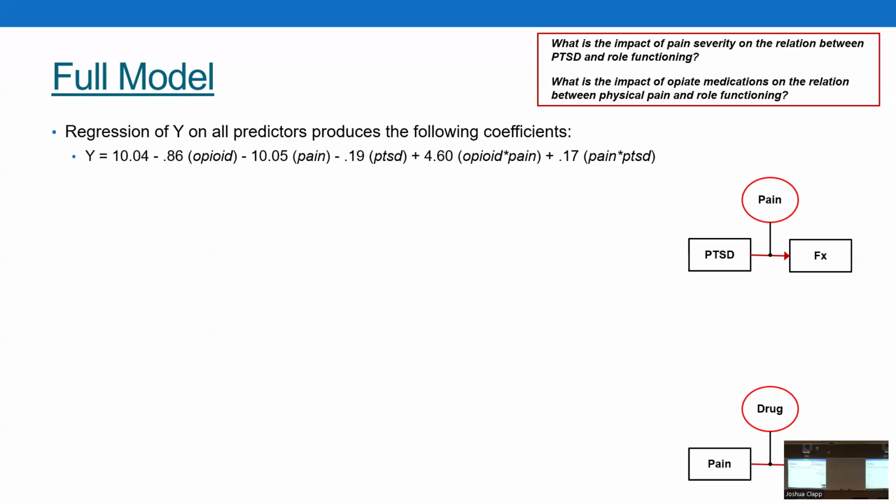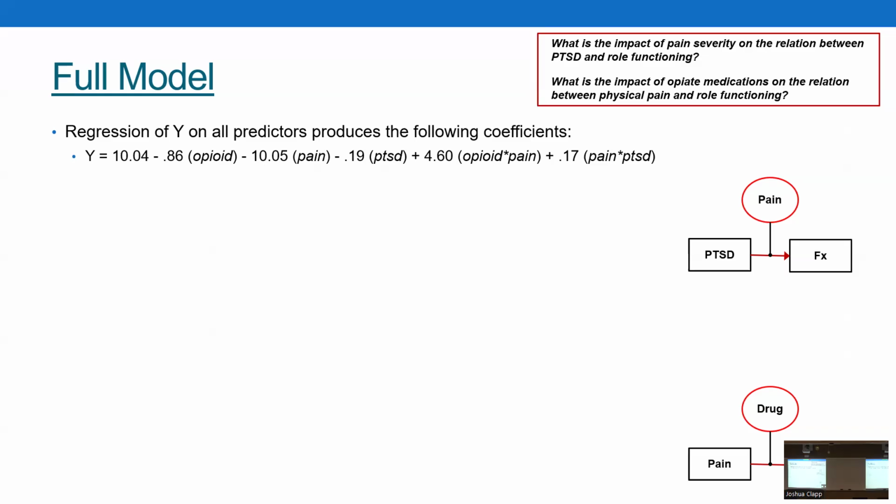So here you've got a situation where pain is a moderator and pain is also a conditional effect within this model. Now remember that your interaction terms are symmetrical. I could frame this as PTSD as a moderator of pain and functioning, or pain as a moderator of drug use and functioning. What you really need to do is understand the way that's most conceptually and theoretically consistent.